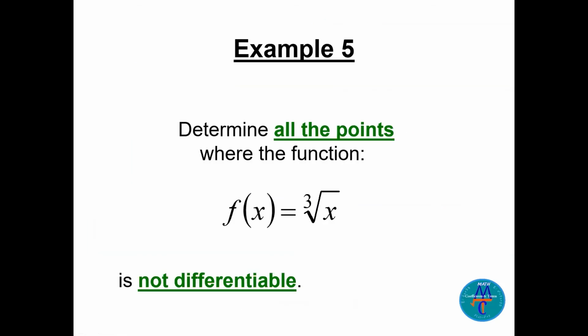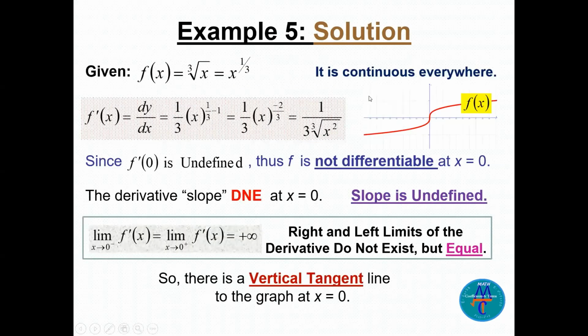Let's see another example. Determine all the points where the function cube root of x is not differentiable. Now we know this is the cube root of x, which is x to the power 1/3. It's continuous everywhere. Let's find the derivative. F prime is the same as dy over dx. Bring the 1/3 down, 1/3 minus 1.